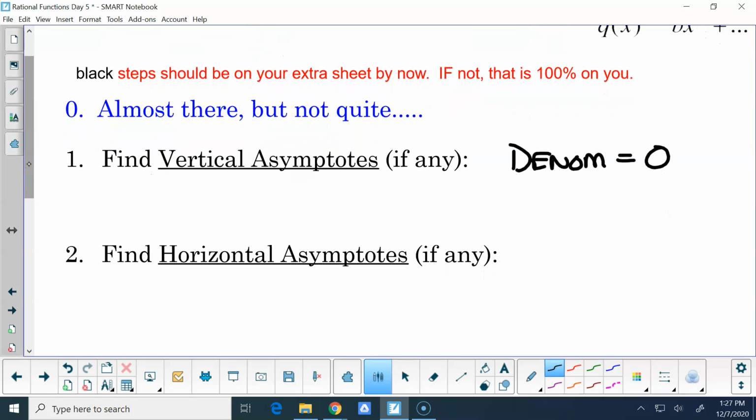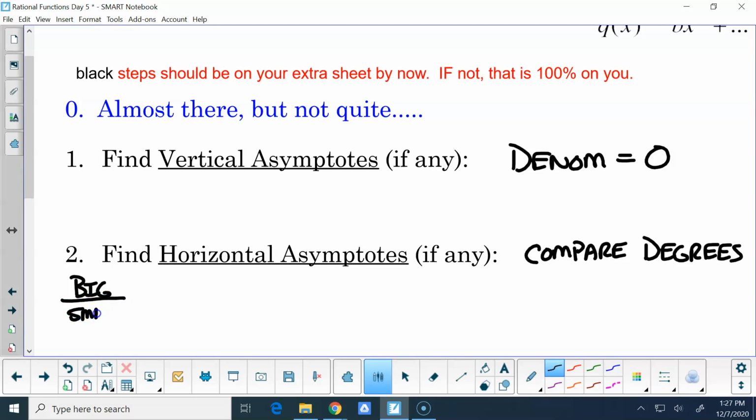Step 2, find any horizontal asymptotes. We got to compare degrees. If we've got big over small, that's a none case.